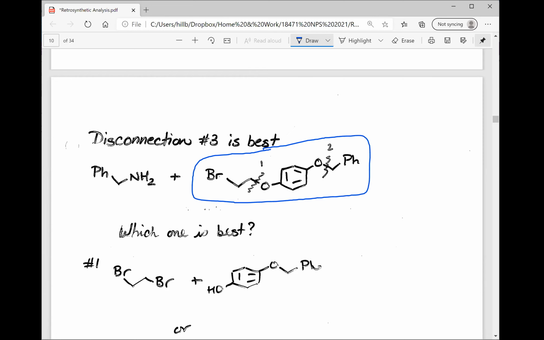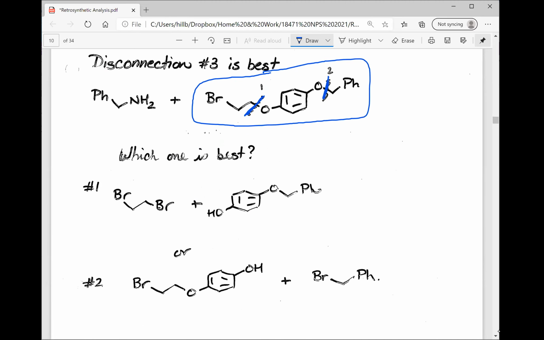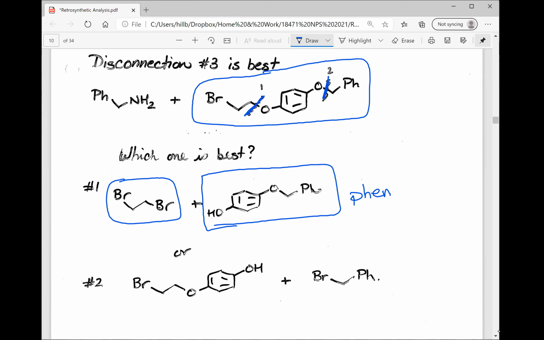And if we follow our same rule about disconnecting beside a heteroatom, we could disconnect here or we could disconnect here. And which one is better? If we disconnect 1, we would have this 1,2-dibromide and this phenol. And if we disconnect 2, we would have this phenol and this benzyl bromide.